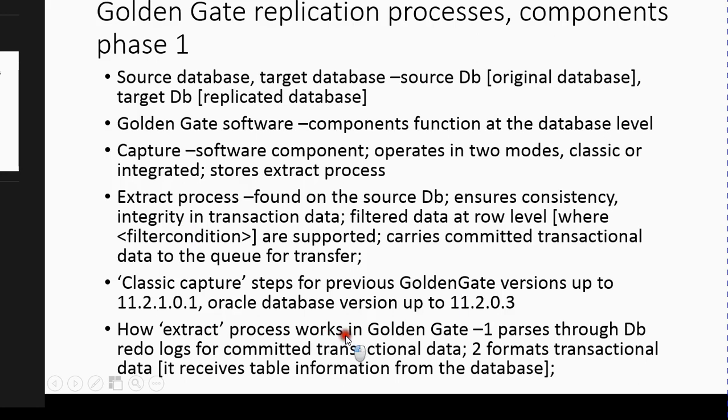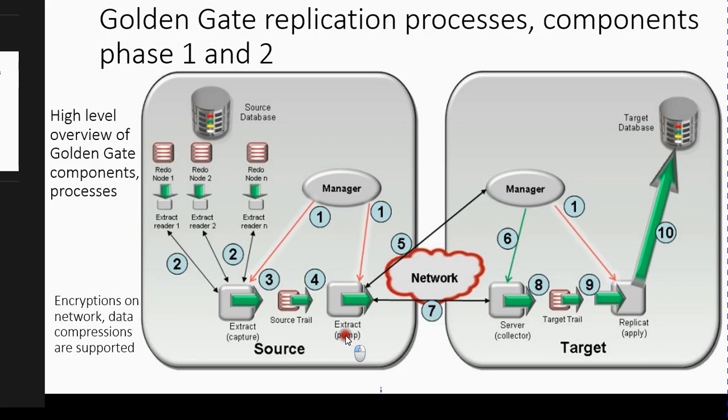If you look at the diagram that I showed you earlier, when you have the transactional data in the redo logs being sent to the extract process, it's going to parse through those redo logs. So you have a bidirectional arrow.